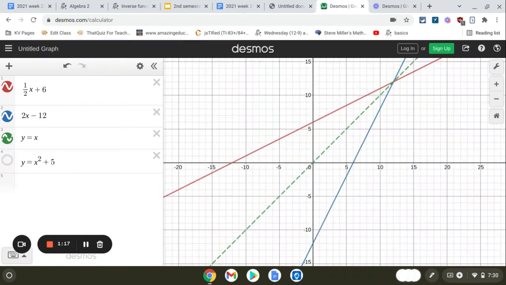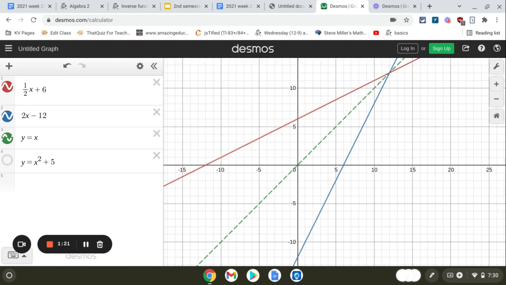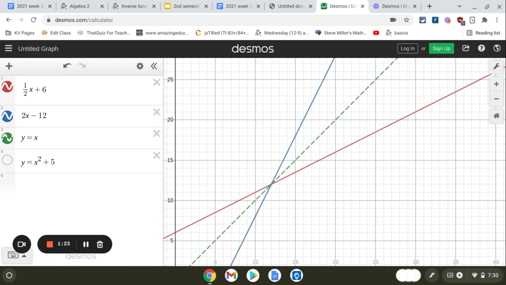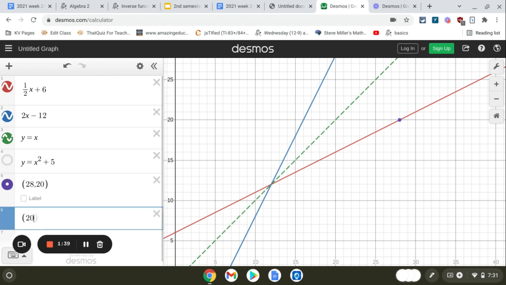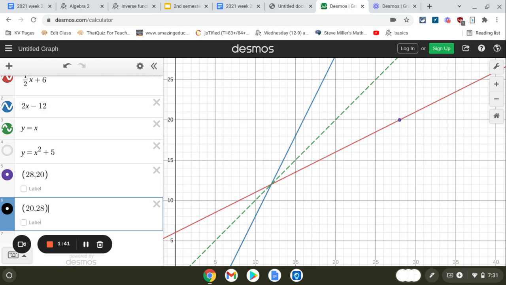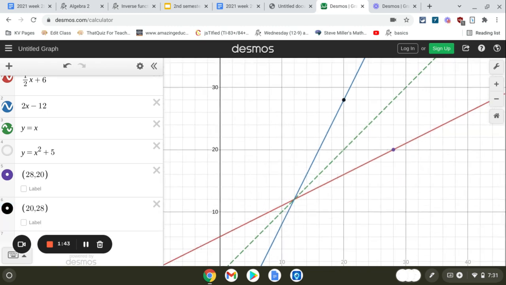And so what that's going to mean as far as the ordered pairs, let me find a good one here. How about this one right here? What is this? 28, 20. Let me plot that. 28, 20. So if 28, 20 is on the red one, that means that 20, 28 will be on the blue one.